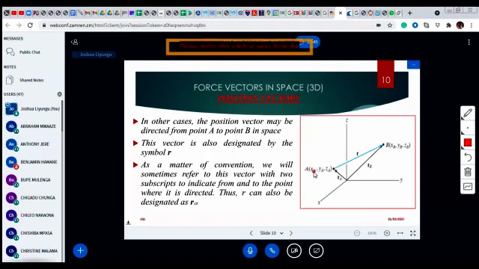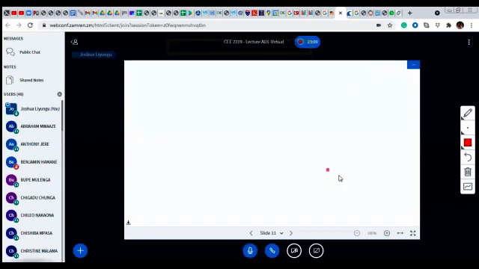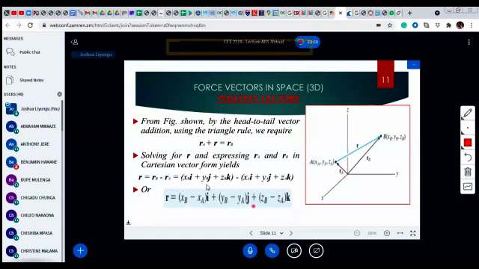Close the brackets, I, plus, open the bracket, YB minus YA, close the bracket, plus, open the bracket, ZB minus ZA, close the bracket, and you type your K. This is how the equation looks.